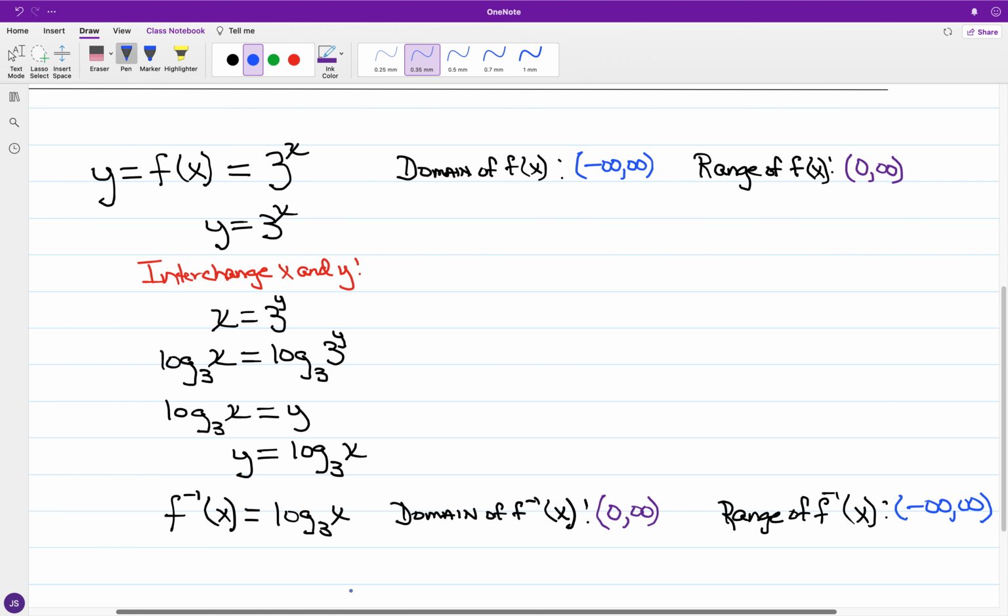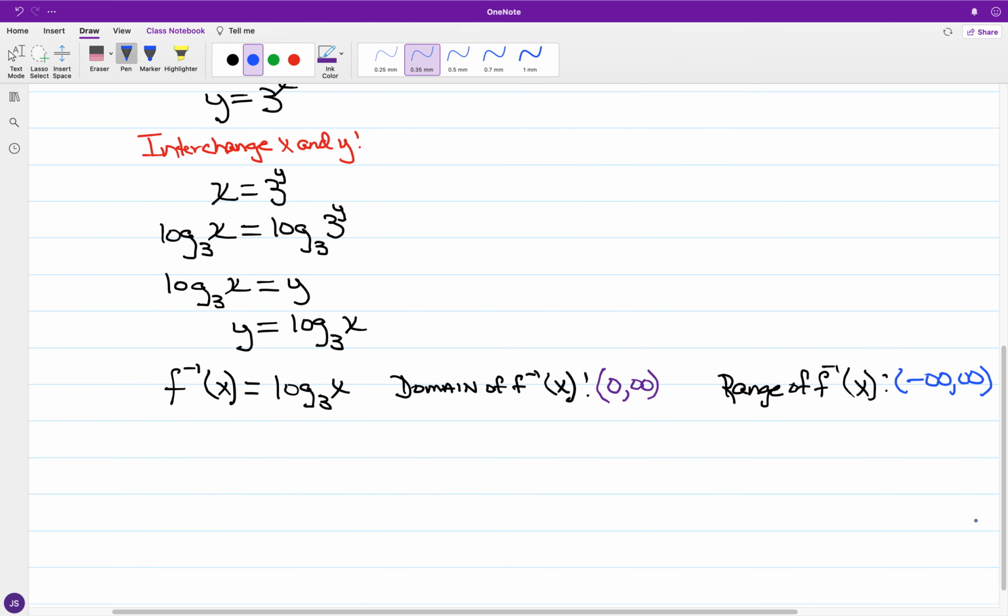Okay, so y equals 3 to the x and y is equal to the base 3 logarithm of x. You're going to have an inverse relation in the sense of interchanging x and y values. And again, the graphs will run symmetrically with respect to the line y is equal to x.